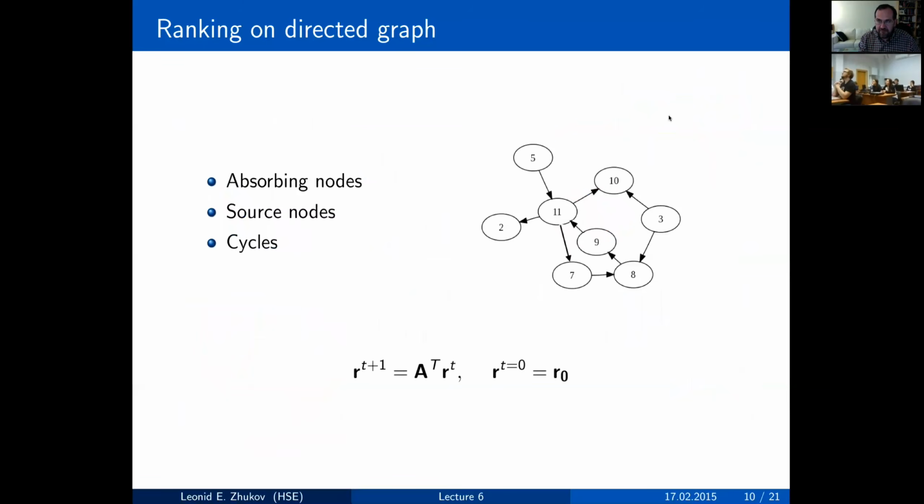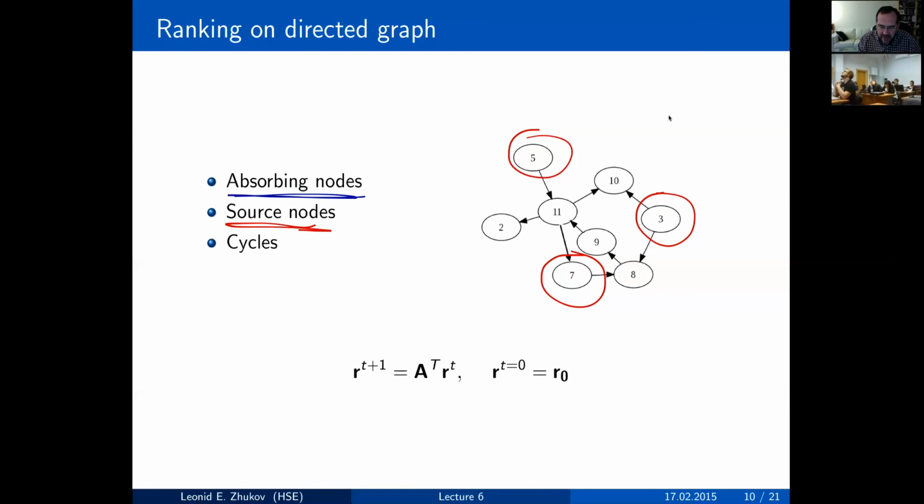In fact, there are 3 types of troubles here for the iterative process. One is, as we described, source nodes, those nodes that do not have any links coming into them. Even if we put some initial rank or initial weight on those nodes, in the process of iterations, it will be zeroed out. But there are other types of nodes that are also troubling: absorbing nodes.